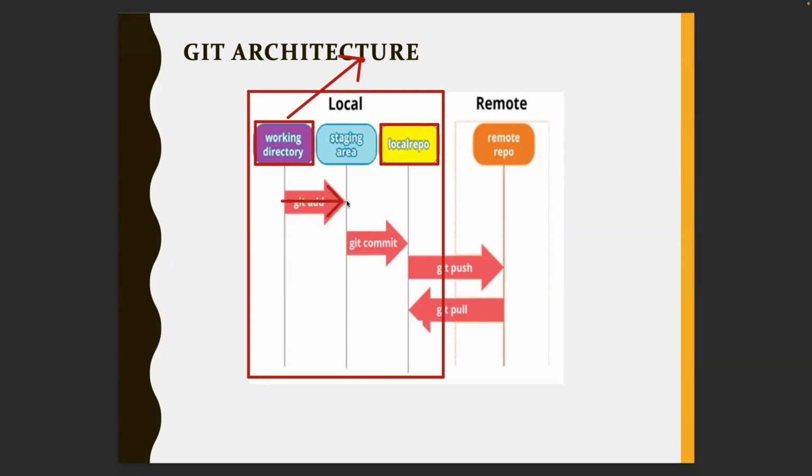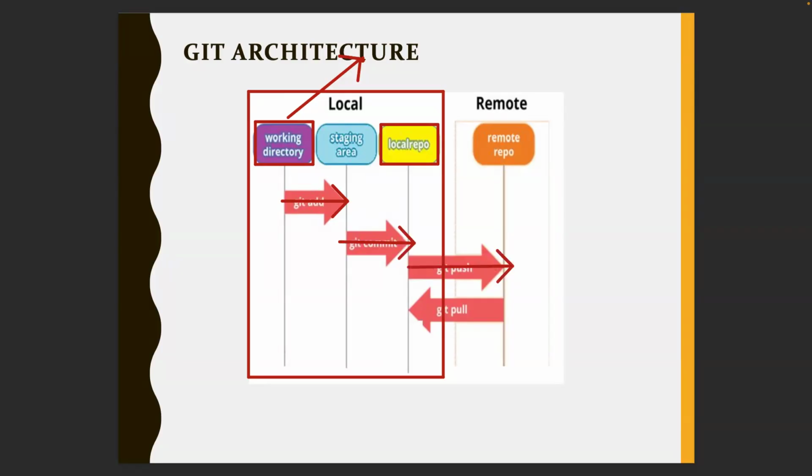Then how do you move changes to your local? First, you need to move them to something called the staging area. What is the staging area? The staging area is also called the index area. It's a virtual layer actually. So first you have to move your changes to staging. From staging only they'll go to the local repository. Right? From local they'll go to remote.